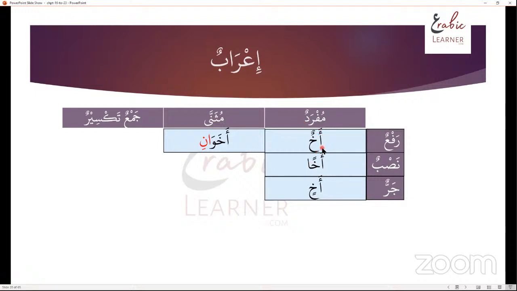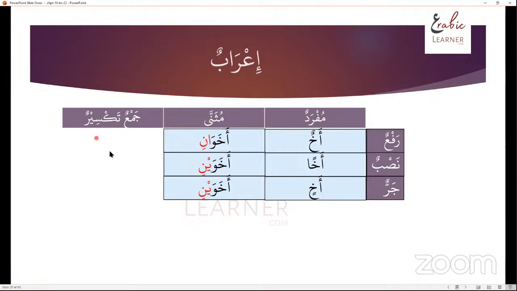When you make it dual, I mentioned that alif, waw, and ya are called huruf illat, and so they take different forms. So akhawani, akhawaini, and akhawaini.